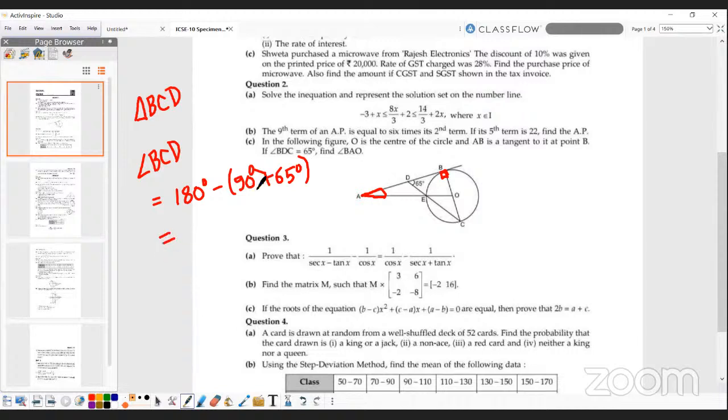So this will be 25. So you can say that this angle, whether you call it BCD or BCE, is 25.